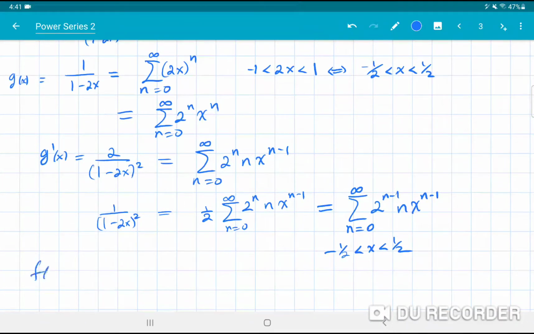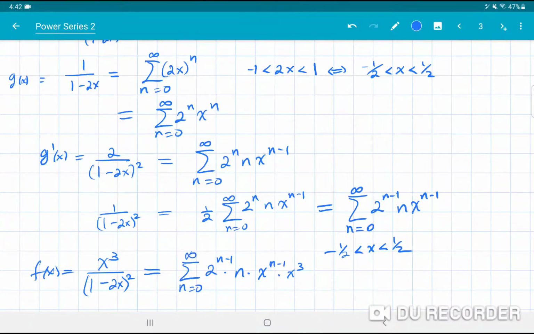So my function f of x, which is x cubed over (1 minus 2x) quantity squared, is the sum of 2 to the power of n minus 1 times n times x to the n minus 1 times x cubed, of course, from 0 to infinity. I just multiplied the whole thing by x cubed.